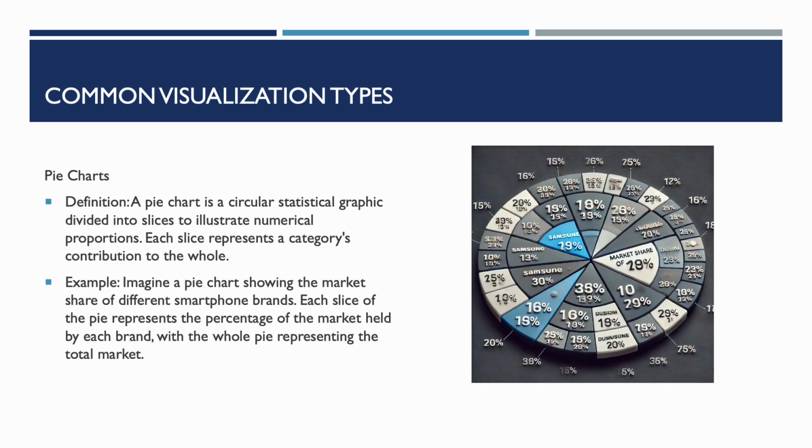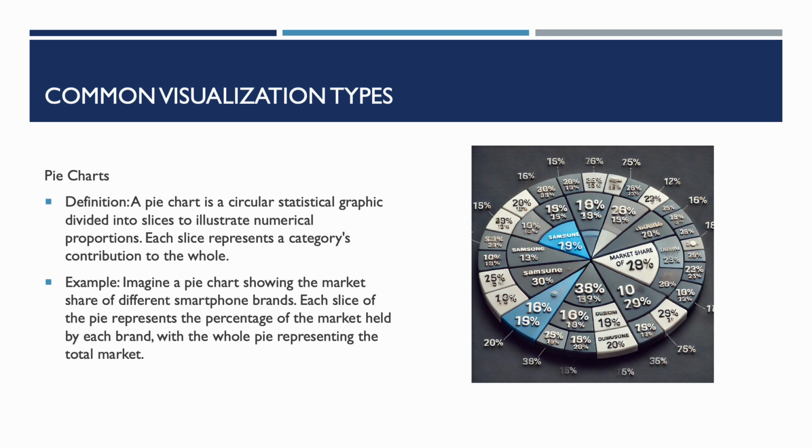Next is pie charts. A pie chart is a circular statistical graphic divided into slices to illustrate numerical proportions. Each slice represents a category's contribution to the whole. So imagine a pie chart showing the market share of different smartphone brands. Each slice of the pie represents the percentage of the market held by each brand, with the whole pie representing the total market.